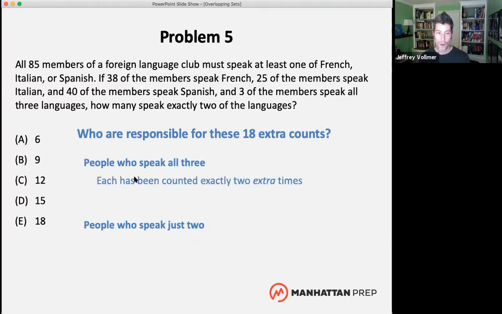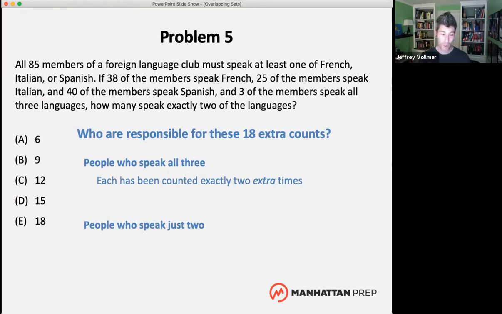So each of the people who speak all 3 languages have been counted 2 extra times, and I'm trying to figure out where these extras come from. So Laura, I counted you 2 extra times, and I counted Bob, because he speaks all 3 languages, 2 extra times. And I counted Raul, he speaks all 3 languages, 2 extra times.